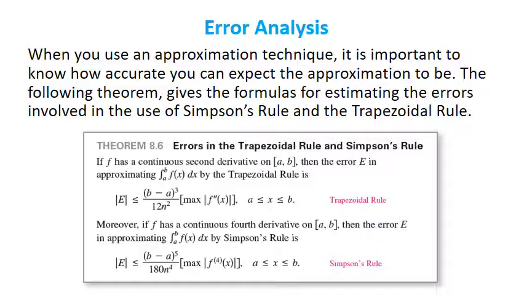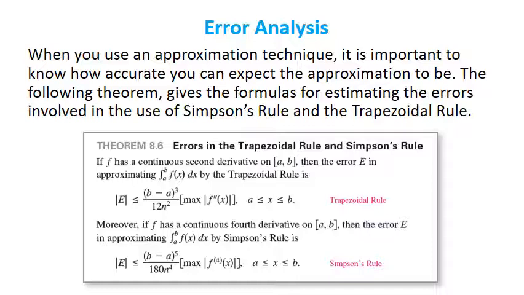Now, sometimes it's helpful to know what to expect as far as how close of an approximation you may have. So there's a way to identify the error in each of the approximation rules, and those formulas are here.